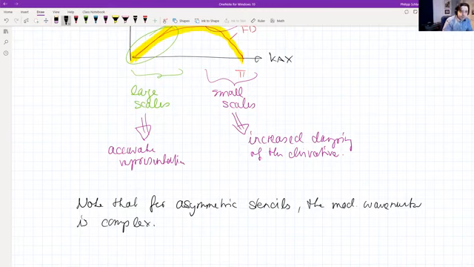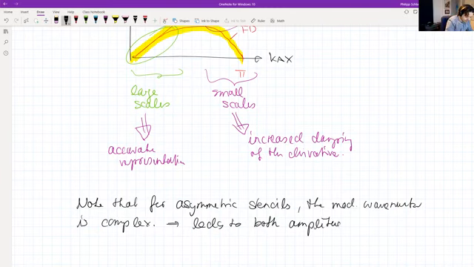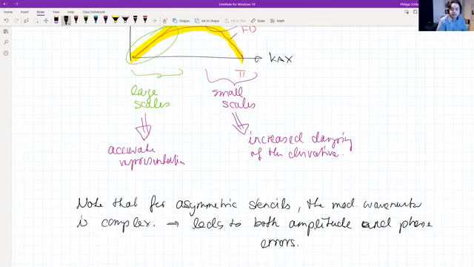And the fact that it's complex means that this leads to both amplitude and phase errors as a function of wave number. But this is something that you will look at in more detail in homework number 3, if I remember the numbering well.